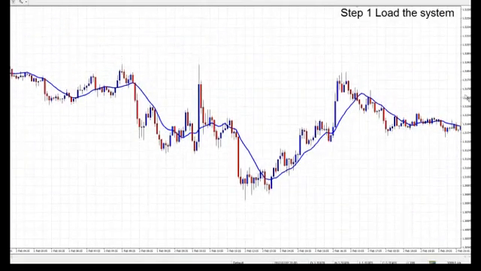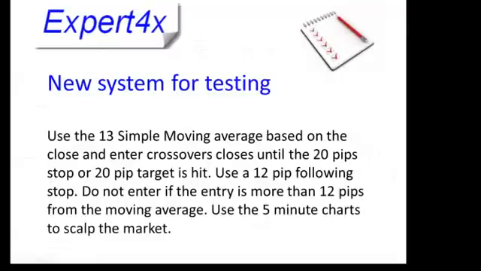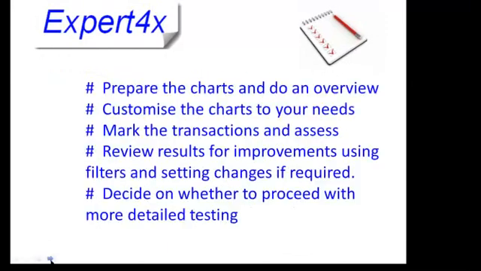So the first step, load the system. Let's just go through that. What we're going to be doing is preparing the charts and doing an overview, and that's what I've just done. I've just added the indicator and done a very high level overview. Then we're going to customize the charts to our needs. Now that's going to be my needs, so I'll show you how I'm going to do that. Then we're going to actually mark some transactions and assess them.